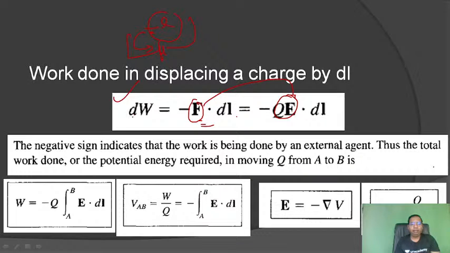If I take the integration of both sides, I will get W, and bringing this Q here, the potential can be given as work done per unit charge. The electric field as well as the potential expression can be written like this, and the electric potential V is equal to Q divided by 4 pi epsilon naught R.